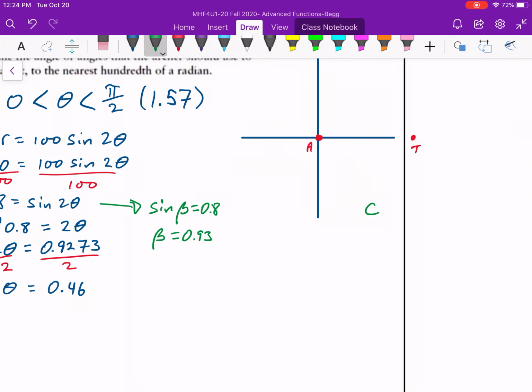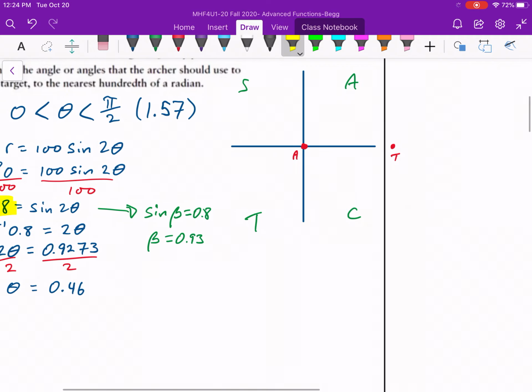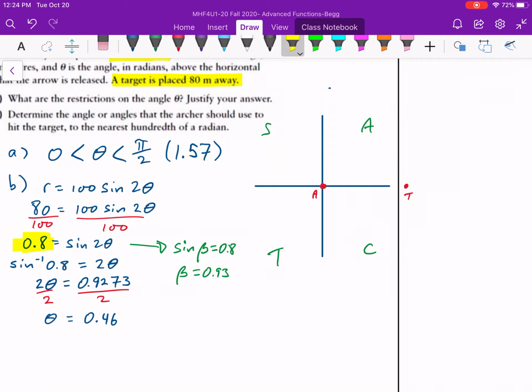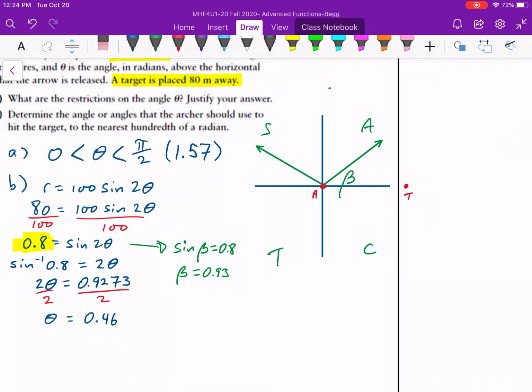And if we combine that with the CAST rule, and the fact that sine is a positive ratio here, we're going to have our answers in quadrant 1 and 2. So we'll have an angle of 0.93 here, and another angle with a related acute angle of 0.93 over here.